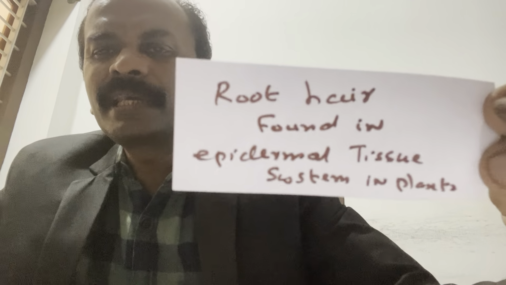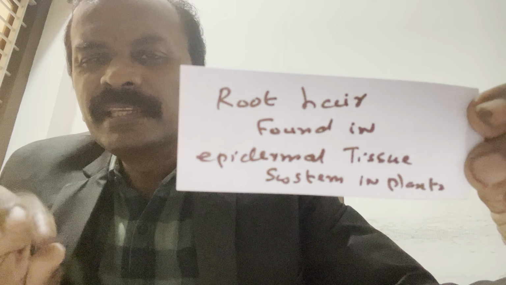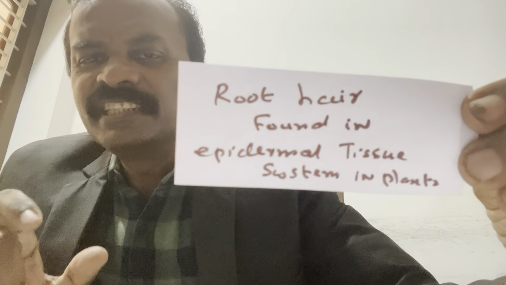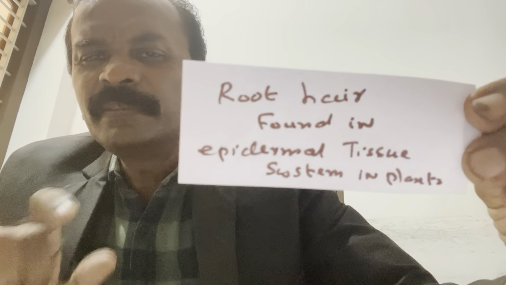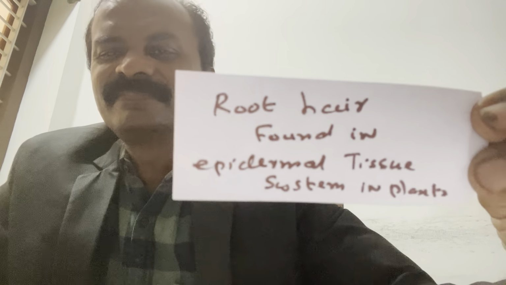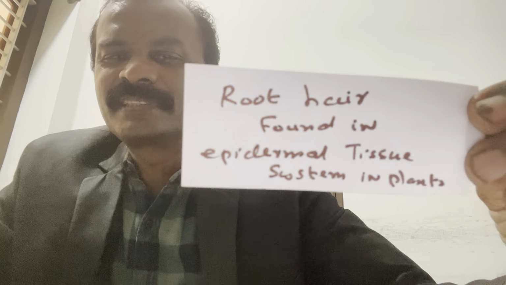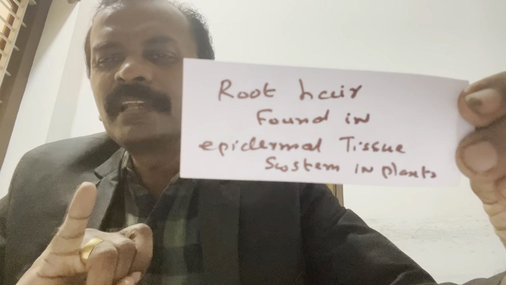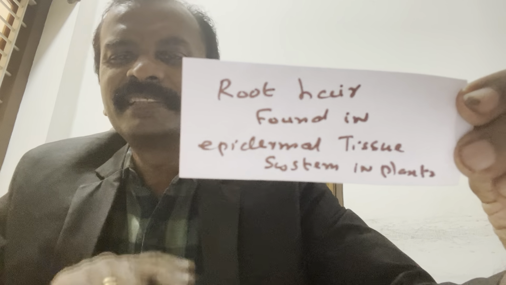Root hair is found in epidermal tissues. Root hair is found in the epidermal tissue system in plants. There are so many systems. I am talking about the epidermal tissue system in plants.